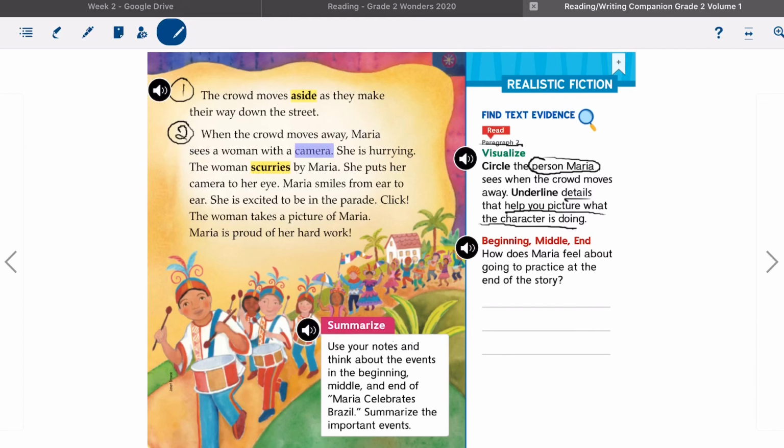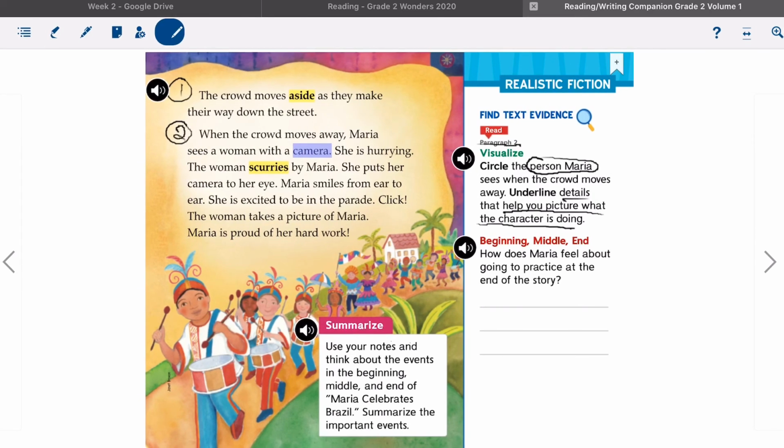I'm sorry about the repeat, but there we found right away she sees a woman. Oops, pen. A woman with a camera. Well, we need to now visualize what this woman with a camera is doing. I think I can guess because a camera is a pretty big clue. But let's read to find out.